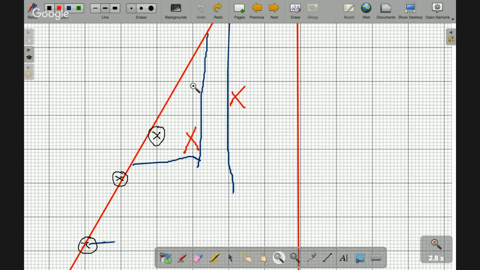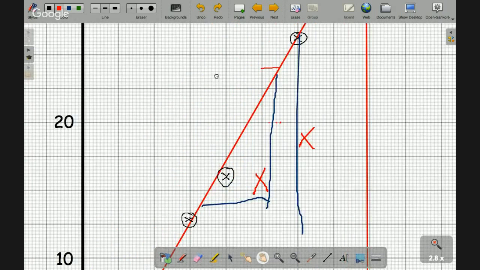So this is 26. That's 27. This is 27.5. So I'm actually interested in this point right here.